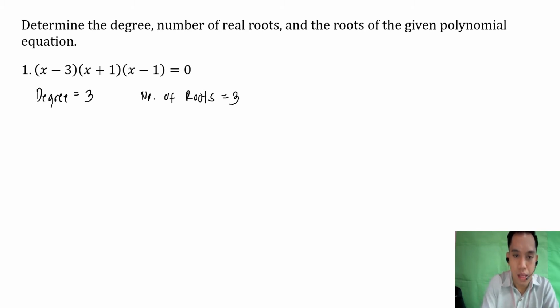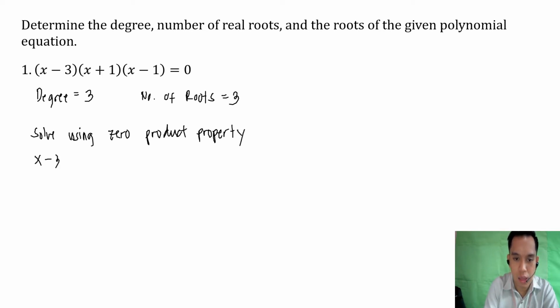Now, let's solve using the zero product property to find the roots. So, x minus 3 equals 0, equate to 0, and the value of x is, transpose mo lang siya.